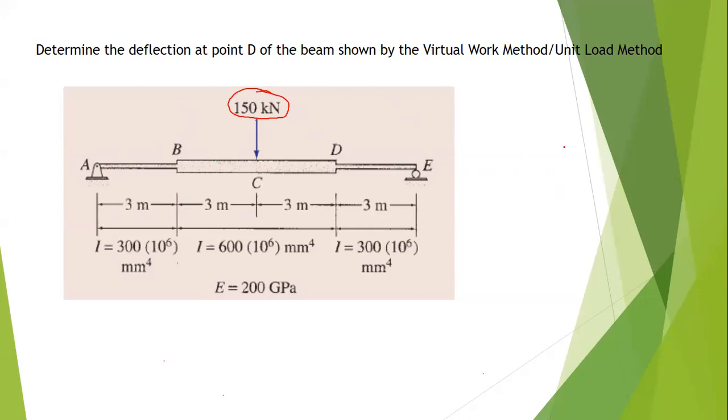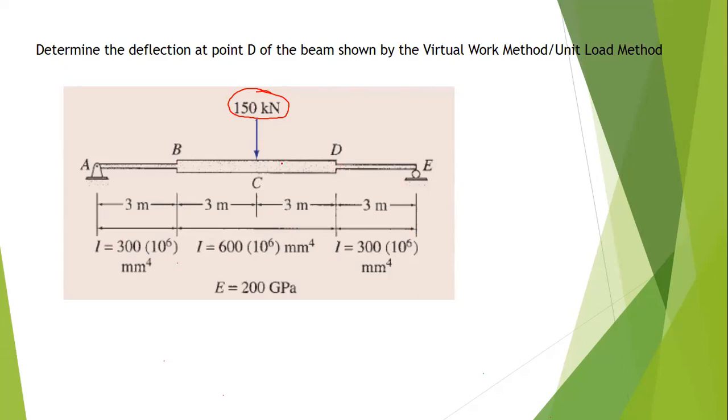Now, we have a problem here simply because we have different moments of inertia. We have different segments: from A to B, and D to E, the moment of inertia is 300 times 10 to the power of 6 millimeter to the fourth.